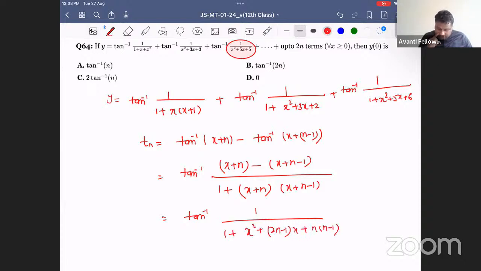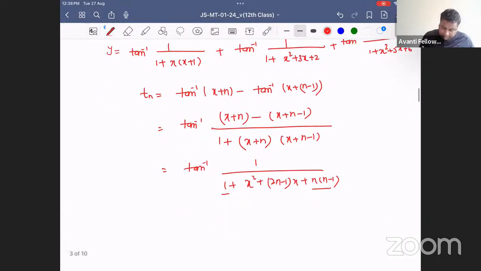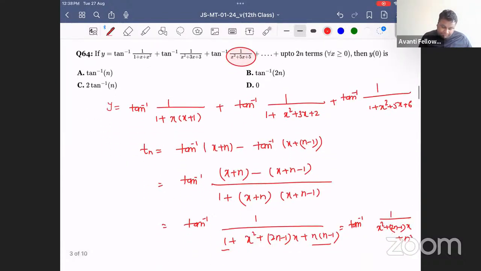So that means it should be total n square: tan inverse of 1 upon x square plus (2n minus 1) into x plus n square.